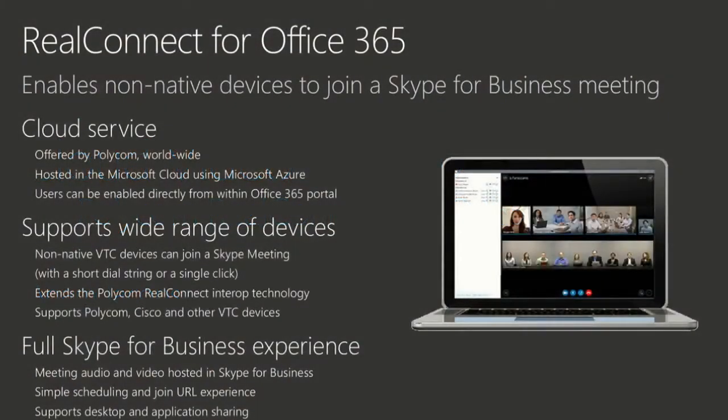Okay. So I'm going to talk, as Doug mentioned, a bit about RealConnect for Office 365. As Doug alluded to earlier, it is a cloud service. It is a multi-tenanted solution. It's managed by Polycom. And what that basically means is that from your perspective, you don't have to worry about version control of different components and updating it.